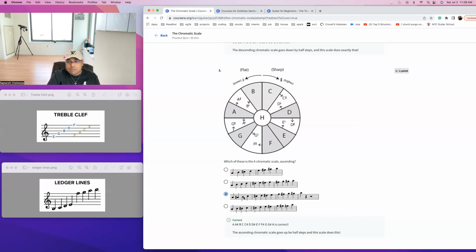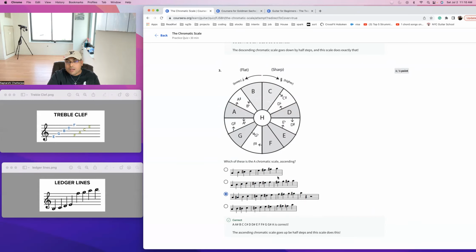Then, this is ascending, so we are moving up, then B. After B, there is no sharp. If you look at the image, then you go to C, and at the same position, half step up, C sharp. Then on the line above, D, same position, D sharp. Then on the gap, you get E.